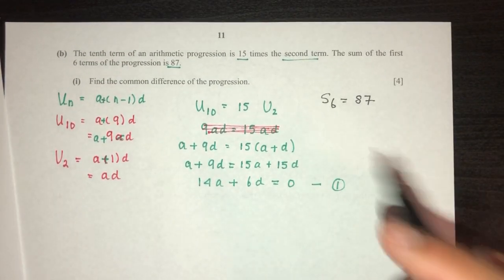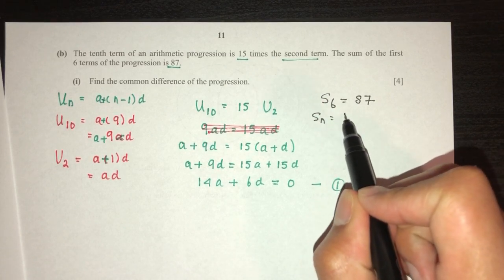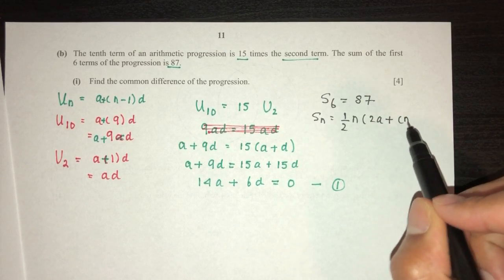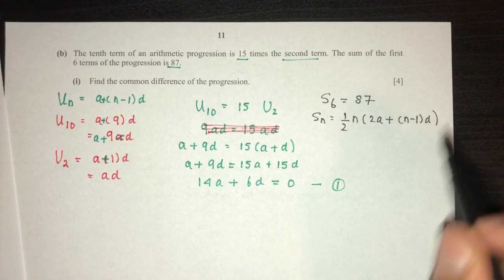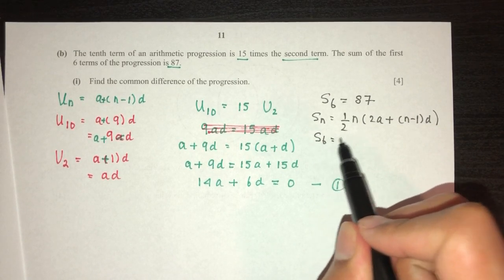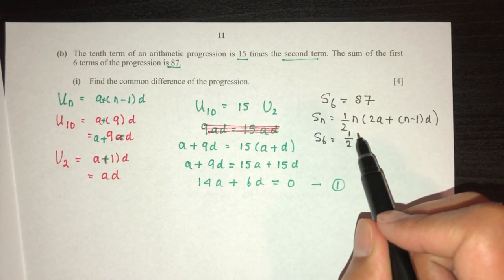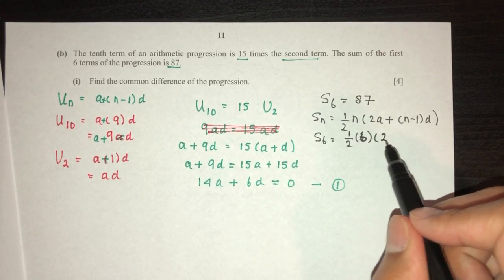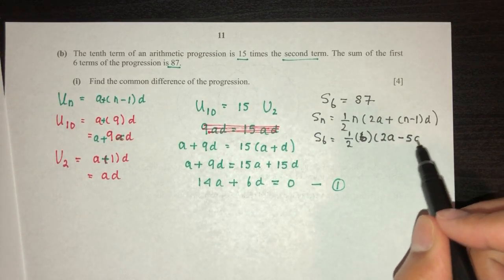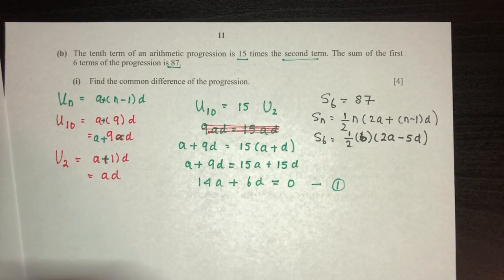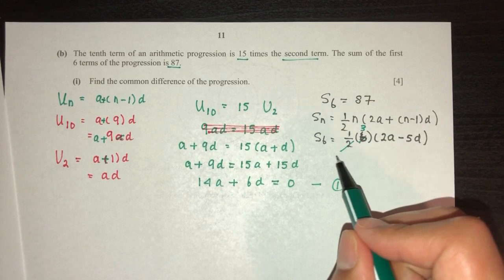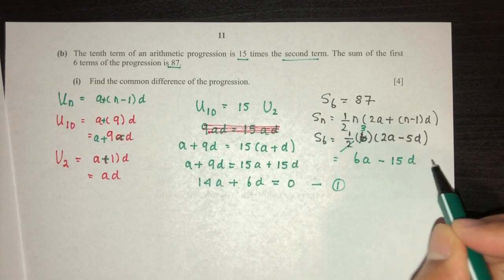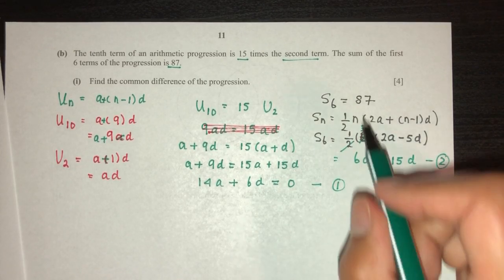The sum of the first n terms is given by n/2 times (2a plus (n minus 1)d). So S_6 should be 6 over 2, and you will have 2a plus 5d. If you simplify, that will be 6a plus 15d. That is equation number 2, equal to 87.